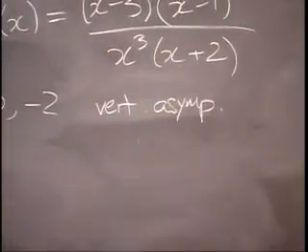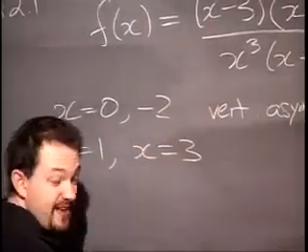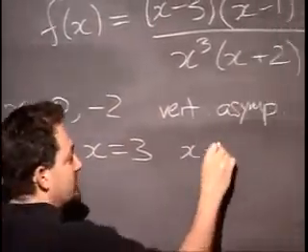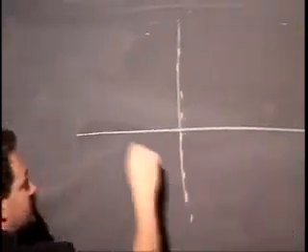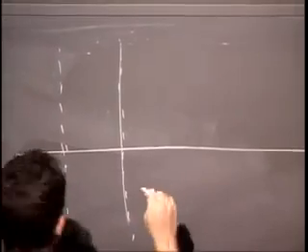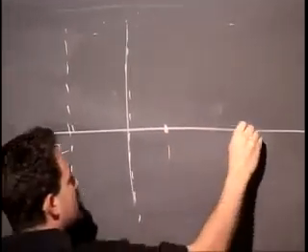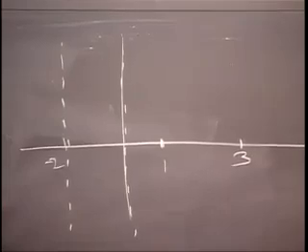On the other hand, x equals 1 and x equals 3, the top vanishes, so there you're going to get x-intercepts. And on the graph, let's mark in the vertical asymptotes here, and then 1 and 3, we've got two x-intercepts.